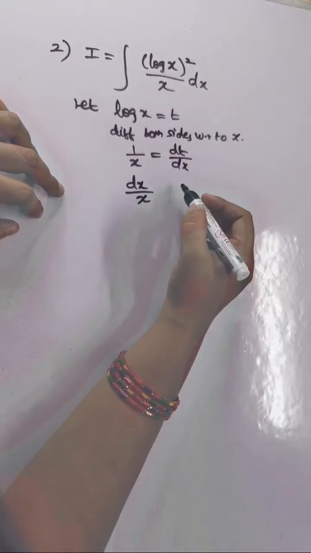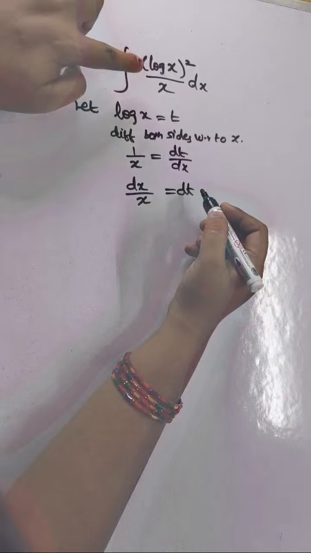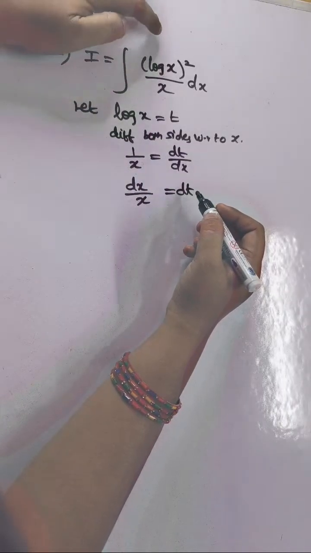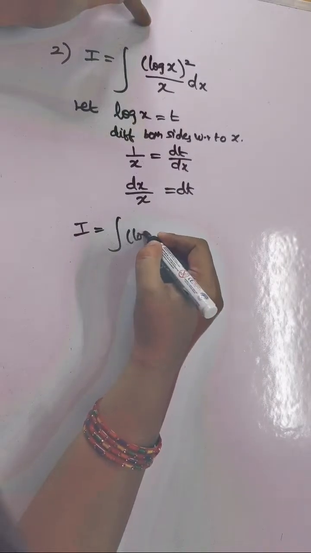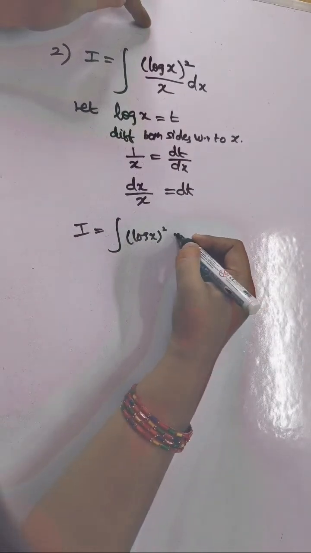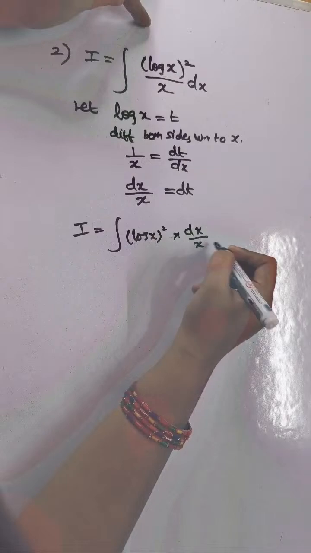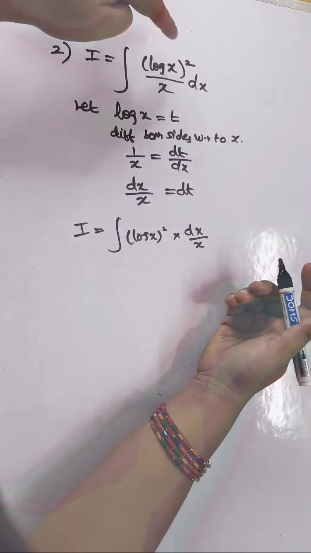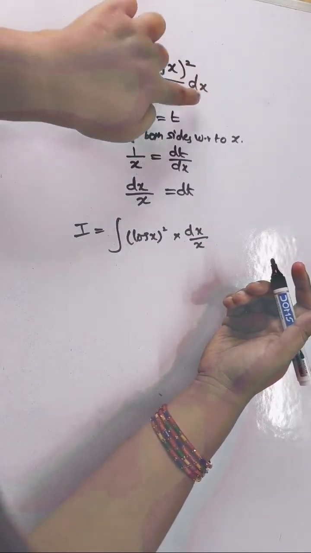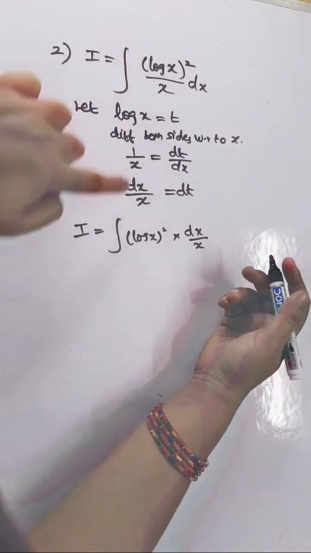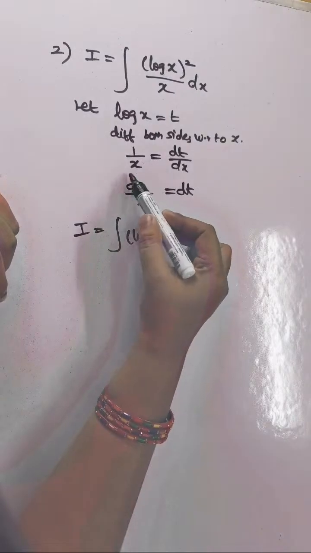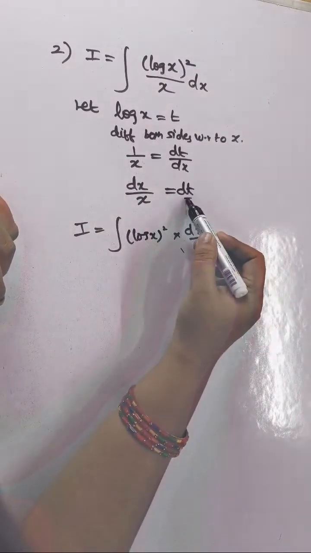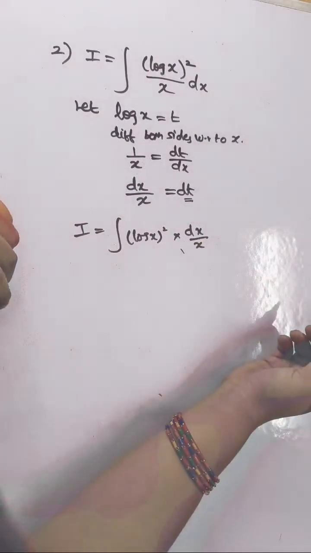Now, can we rearrange the given question as log x the whole square into dx by x? It means the same, right? Either you write log x the whole square by x into dx or log x the whole square into dx by x, anyway it means the same. So instead of dx by x, we can replace it as dt.